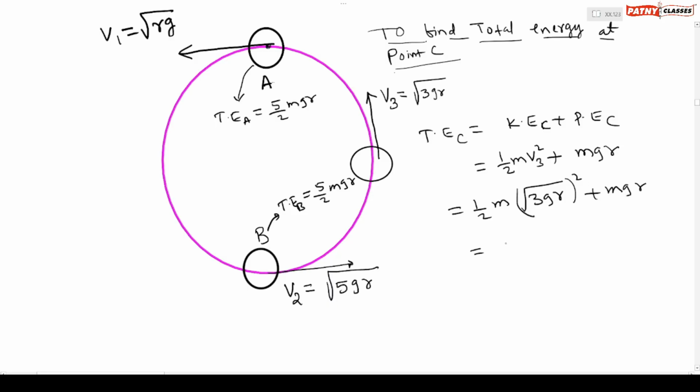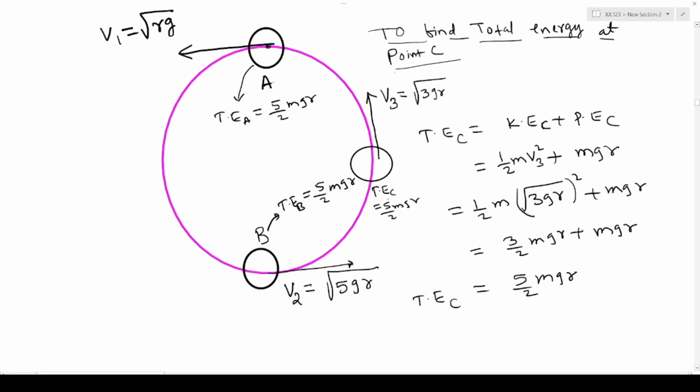This equals 3 upon 2 mgr plus mgr. Therefore, total energy at point C is again 5 upon 2 mgr. From the above discussion, it is clear that the total energy of the particle performing vertical circular motion at any point on its circumference will remain the same, that is 5 upon 2 mgr.